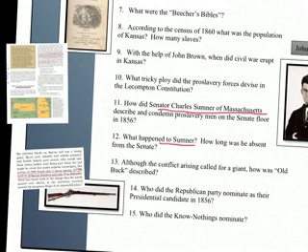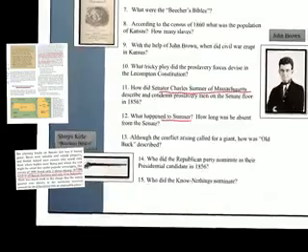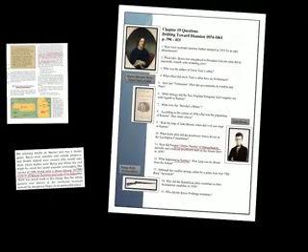He becomes beaten by Senator Brooks from South Carolina, I believe. The Sumner-Brooks clash. Read about that on page 400 and 401 to find the answers there to 11 and 12. We'll move on to the next page now.